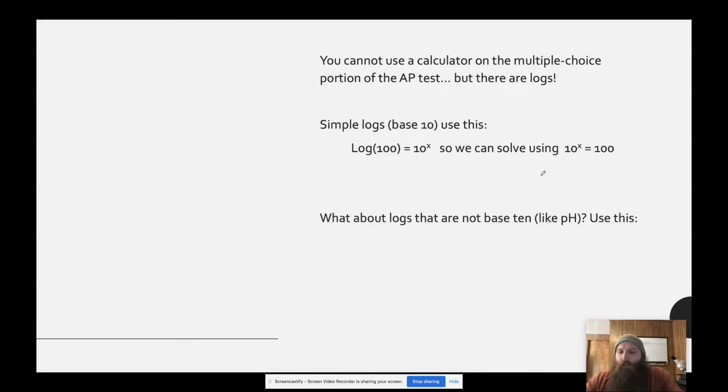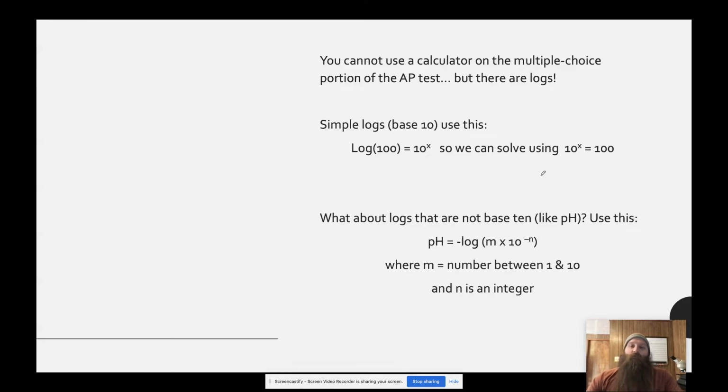Now, I feel like you guys are pretty capable of doing that. That's not something that's new. But we do have some logs that don't involve base 10, like pH. And so here's what we use to approximate logs for pH calculations. And mainly we just use this for pH. We know the pH equation is the negative log of the concentration of hydrogen.